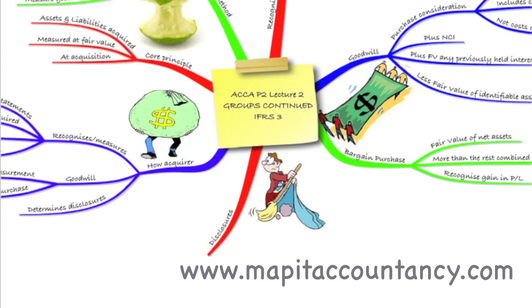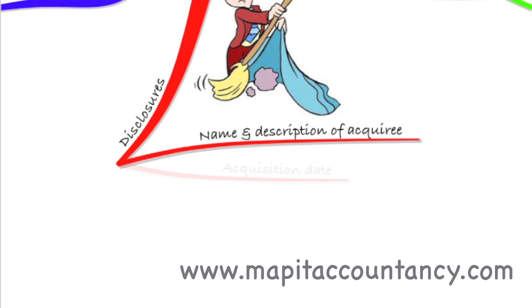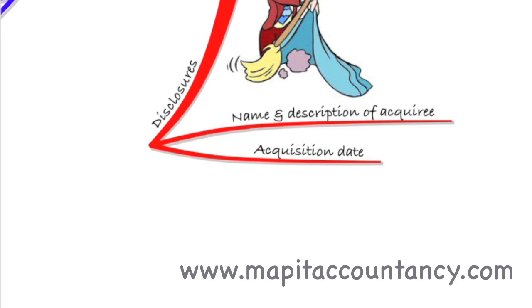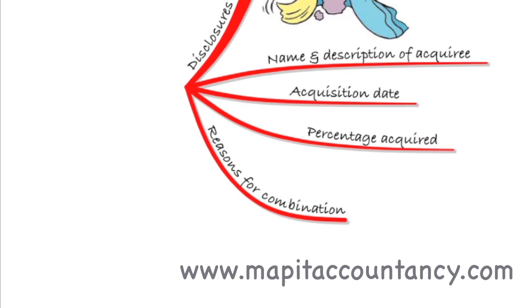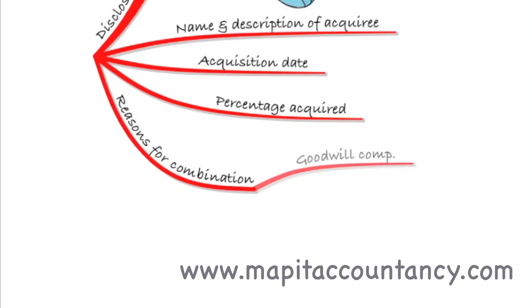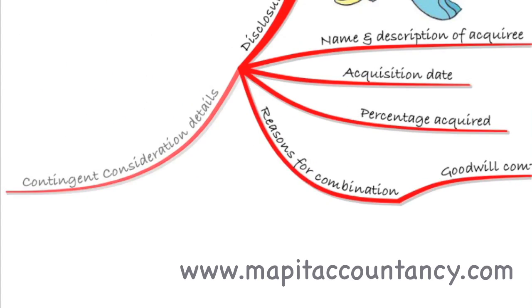Disclosure requirements then. Disclosure requirements under IFRS 3, we have the name and description of the acquiree, we have the acquisition date, the percentage that's been acquired, also the reasons for the combination. So the reasons for the combination, so the goodwill comp will be included there.